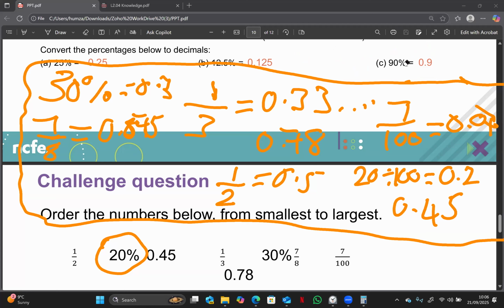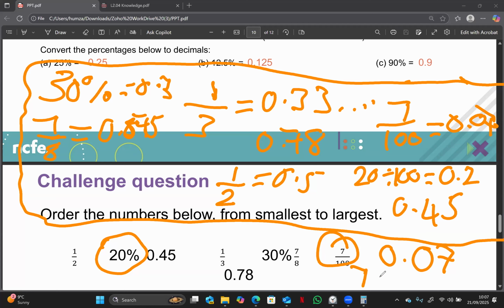I think you know what it is. This is 0.07. So multiply that by 100. What's 0.07 times 100? 7.